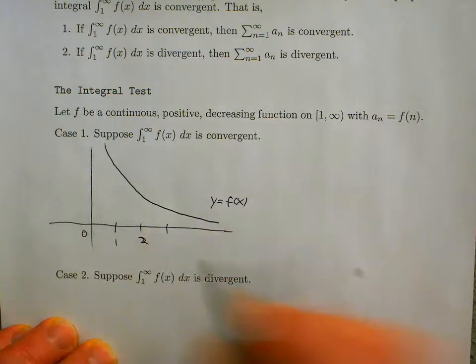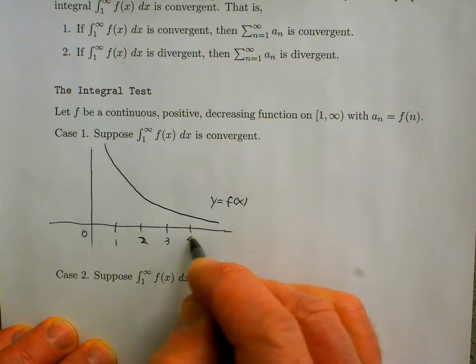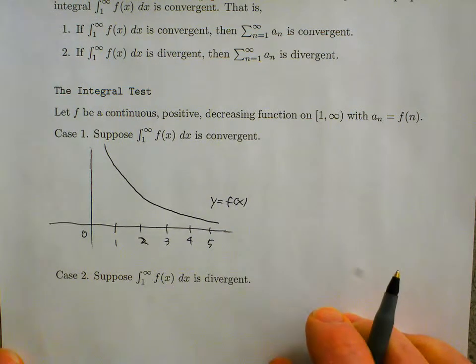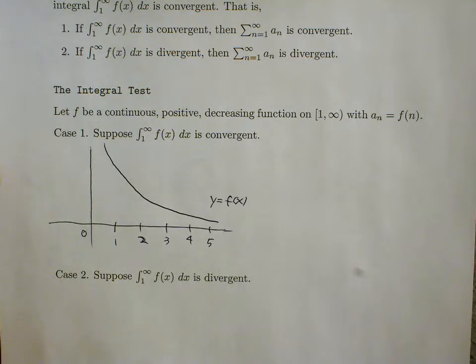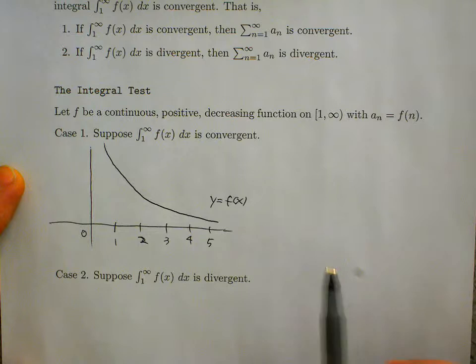And we'll divide the x-axis into subintervals, each of length 1. And then we'll construct rectangles.